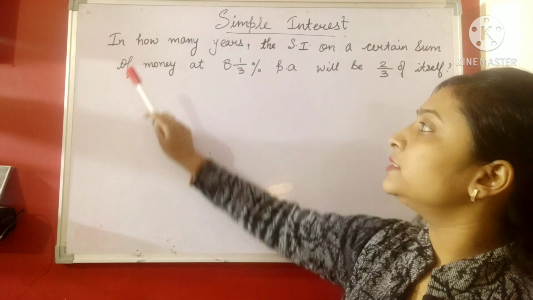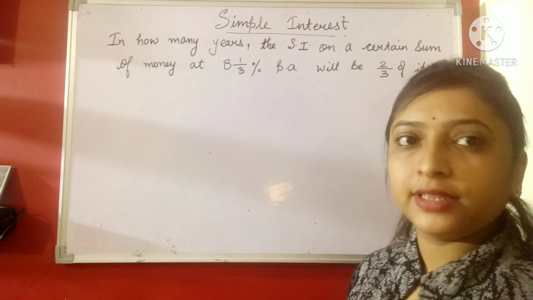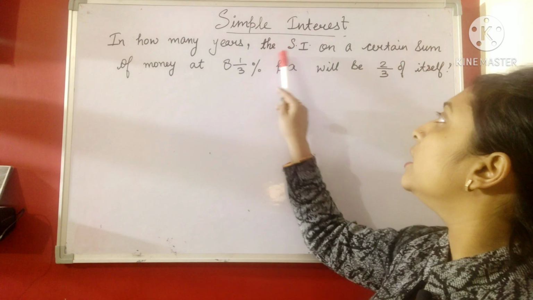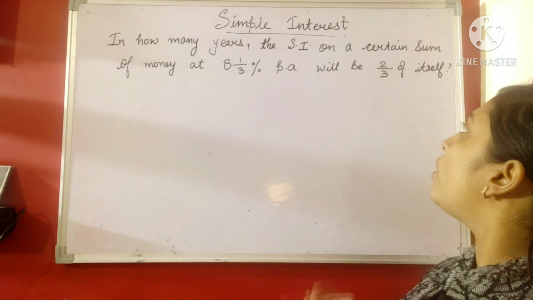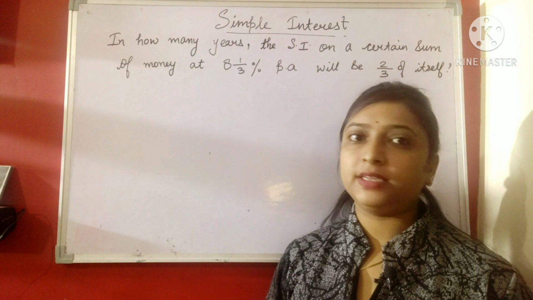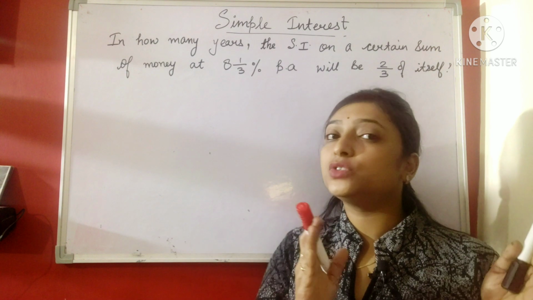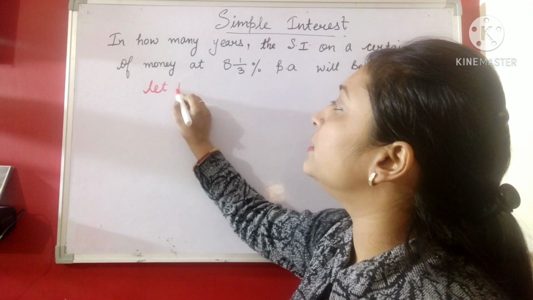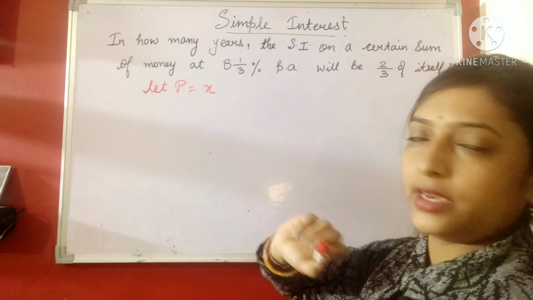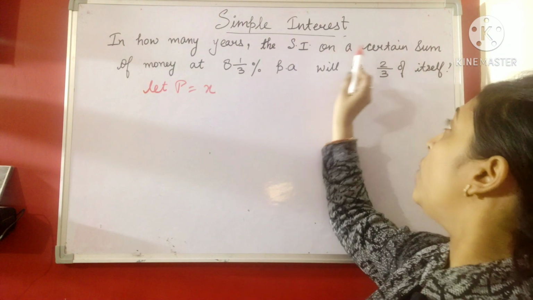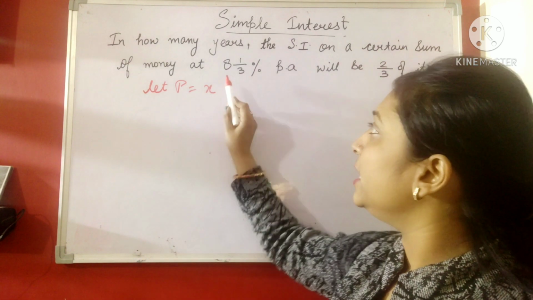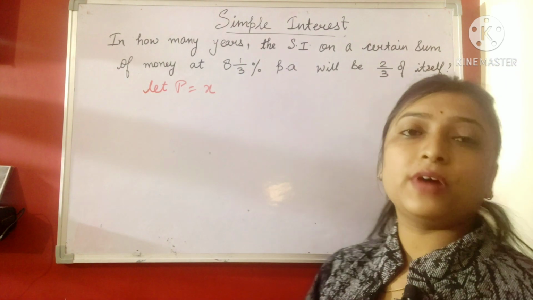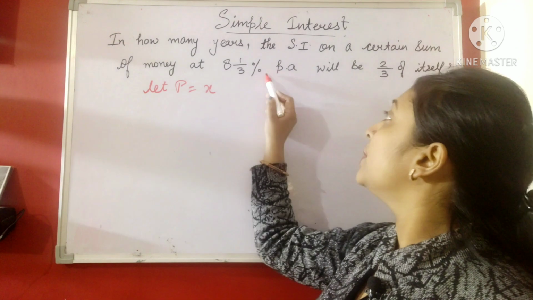The question says, in how many years, that means time is asked, the simple interest on a certain sum of money. Certain sum means principal is not directly given to us. That means we have to assume the principal to be x. SI on a certain sum of money at 8 whole 1 by 3% per annum.